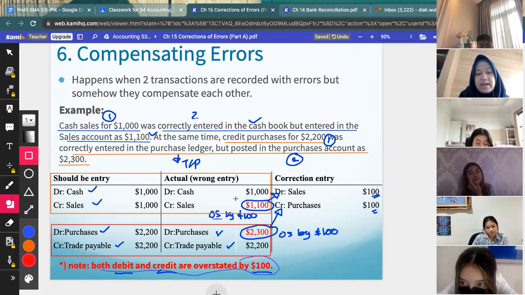Analyze this one. From the first box, or this first transaction, you see that the sales is overstated. So you make a sign or highlight, or whatever you can put in your notes, that this one is the one that you need to make a correction on.